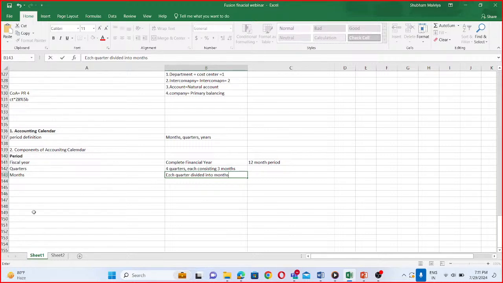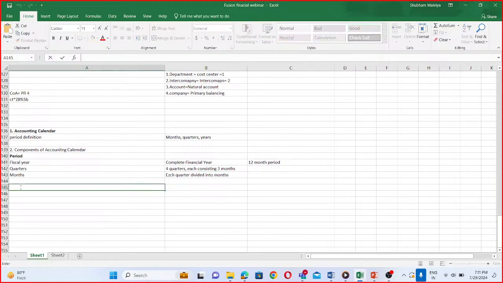Now come the period types. We are starting from scratch. In period types, there are 2 types of period in Oracle Fusion Financial. The first one is the normal period.